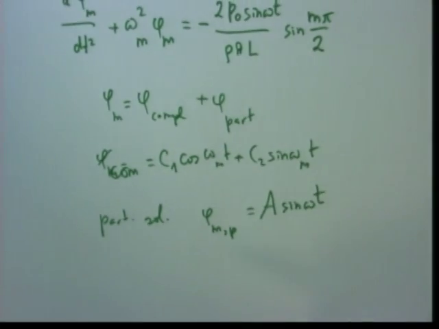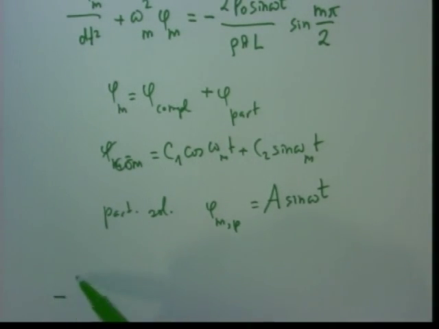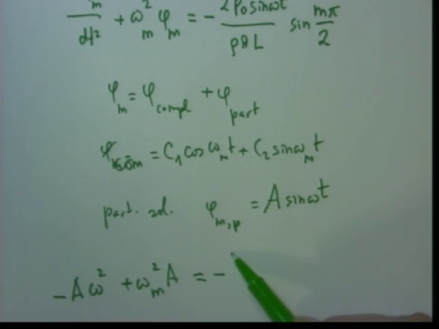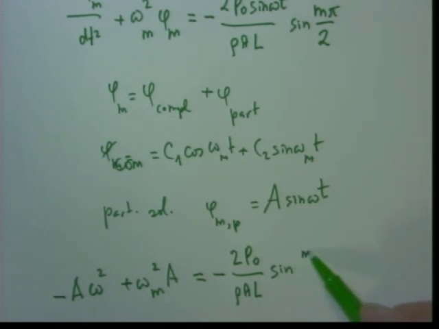I substitute this here, I get minus A omega squared plus omega_m squared A. This equals minus 2 p0 over rho A L, sine m pi over 2.